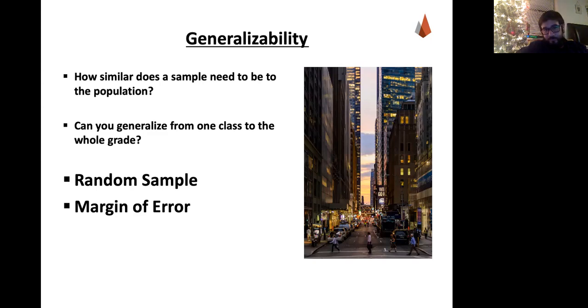So oftentimes when we do research, can you generalize from one class to the whole grade? That's very difficult, right? Can you actually generalize from that first exam that is going to be the outlook for the entire course? Not necessarily. There's a lot of things to consider. One of them is how random is your sample? If your sample is just nitpicking the top students, then that's a problem. If your sample is random, then that's good.